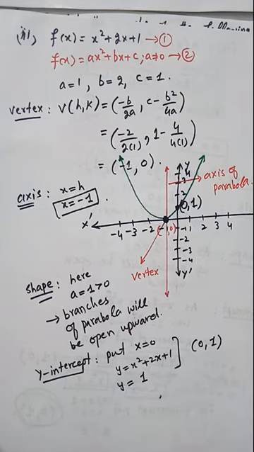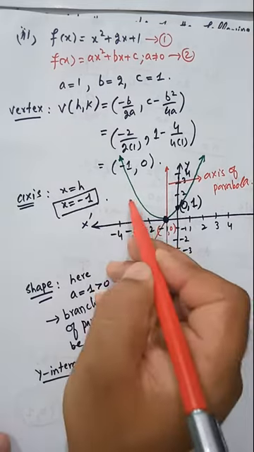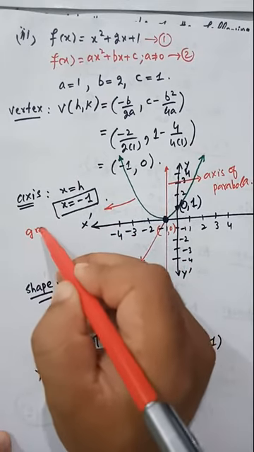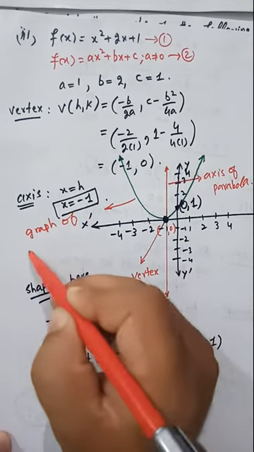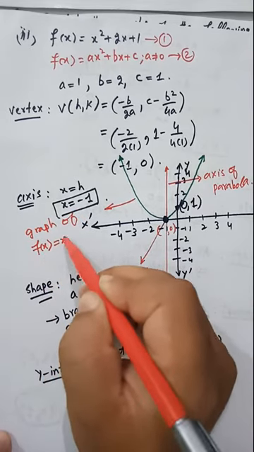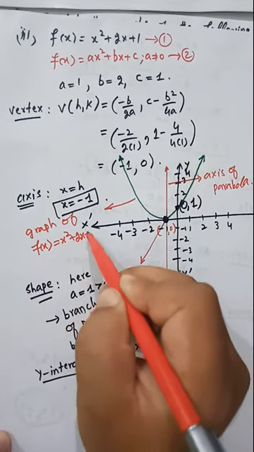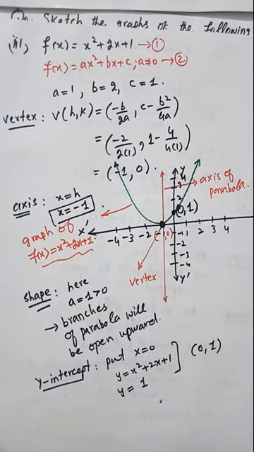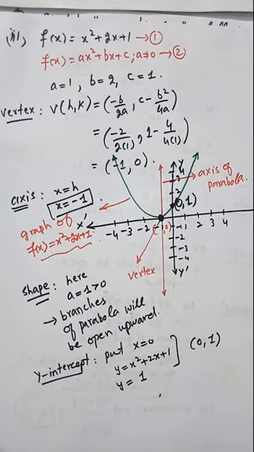So this is the graph of f(x) is equal to x square plus 2x plus 1. This is the procedure to draw the graph of a quadratic function.